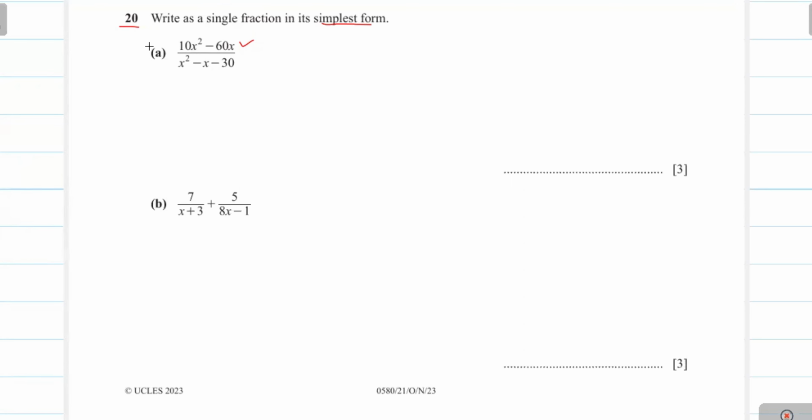We take the factors of 30 which, when added, give minus 1. Therefore, 6 times 5 is 30, and we write x squared minus 6x plus 5x minus 30. This is the middle term breaking.